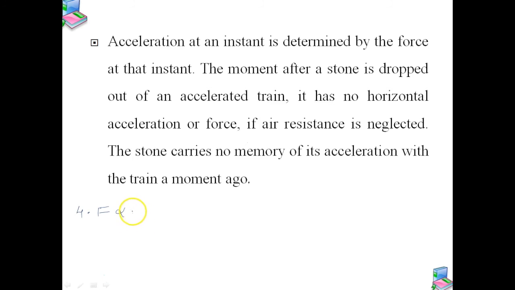Acceleration here and now is determined by the force here and now, not by any history of the motion of the particle. So whenever we are determining the acceleration, we determine it at that particular instant of time, by the force at that time. It does not depend on any history of the motion of the particle.